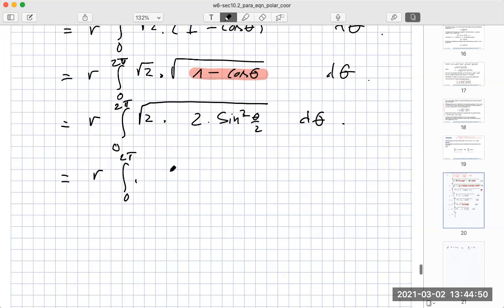It would be 2. And here, look at this, it is square root of sine square of theta over 2 d theta. Okay?